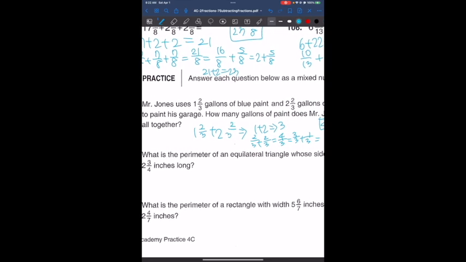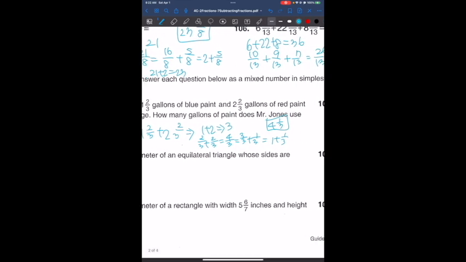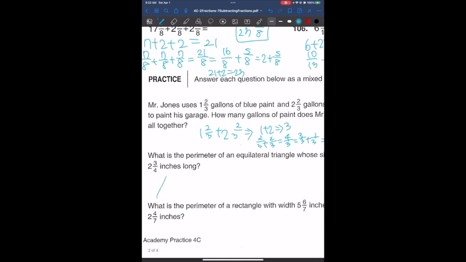Next, what is the perimeter of an equilateral triangle whose sides are 2 3/4 inches long? So it's an equilateral triangle, so we're going to add this 3 times. First we're going to add our whole numbers, which gives us 6.